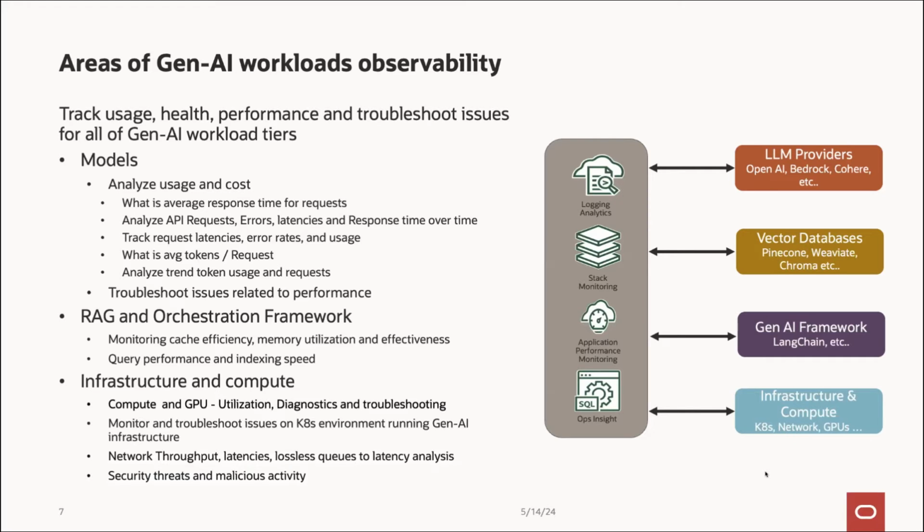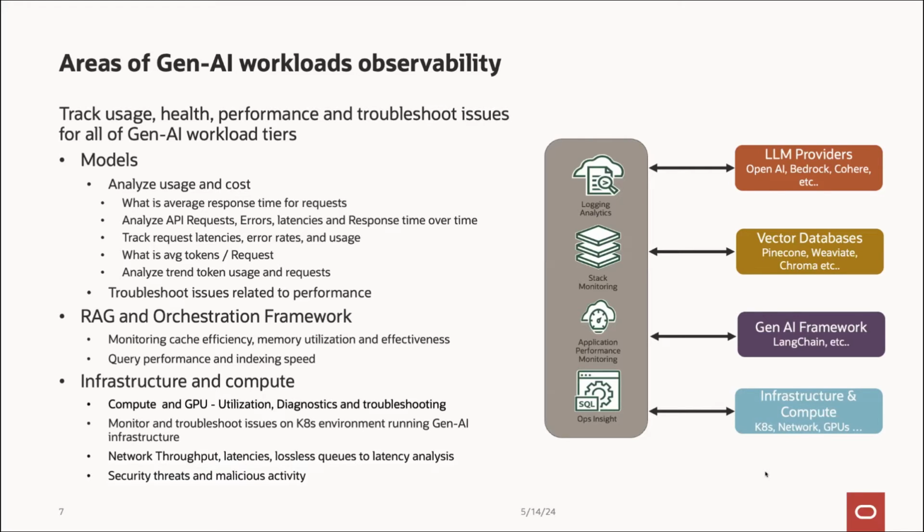We're able to analyze and troubleshoot your API request errors and latencies. Why are certain responses slow? Is it because of the vector database or the RAG issues? We are able to quickly identify that, right? We are able to identify at the trend level what the average tokens per request are, and the overall trend for your token usage and requests.